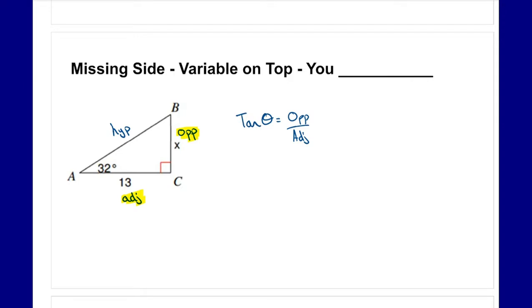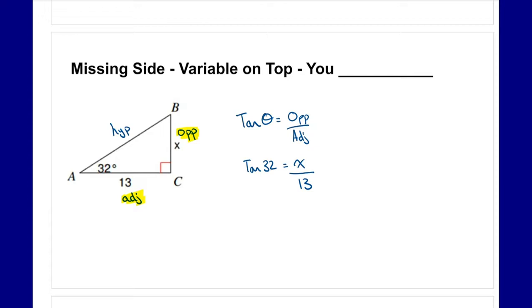So tan stays the same. Theta is the angle, so 32. Opposite is the unknown, or x, and the adjacent is 13. So now that I've filled my information in, I want to try to solve for x. I want to solve for what that missing side is.